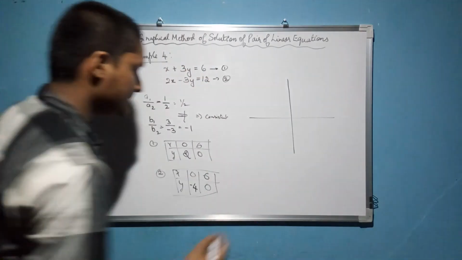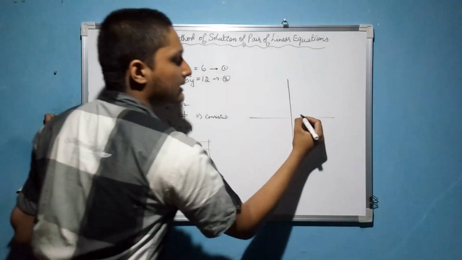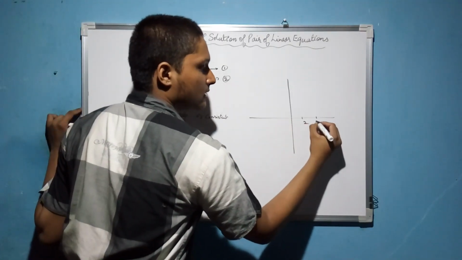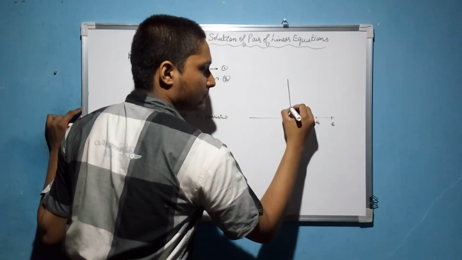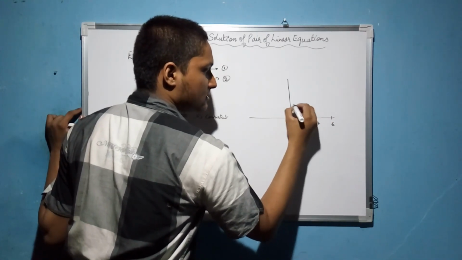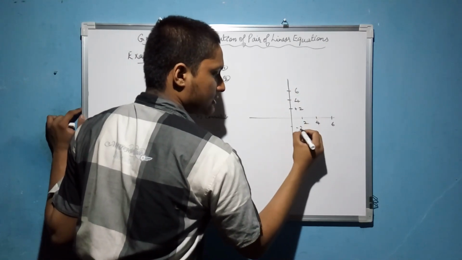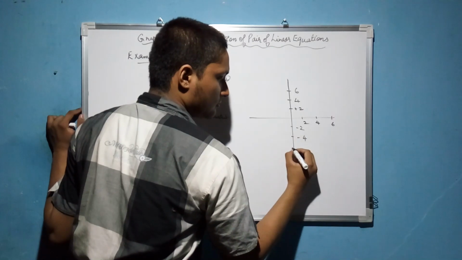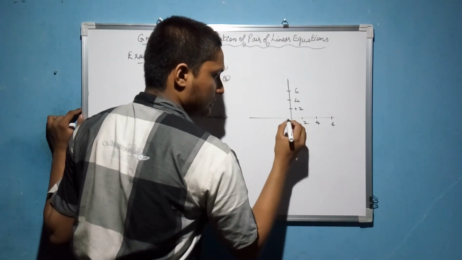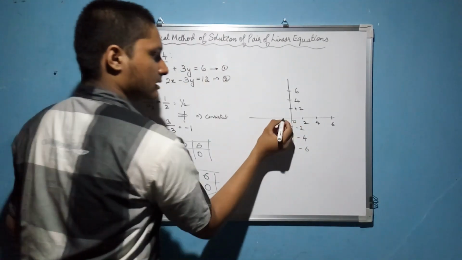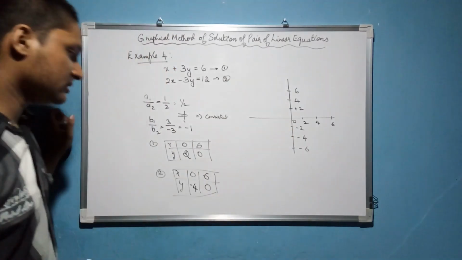Since they are going to be multiples of 2, I'll take 2 on both sides: 2, 4, 6, minus 2, minus 4, minus 6, 0. That much is enough, I think.